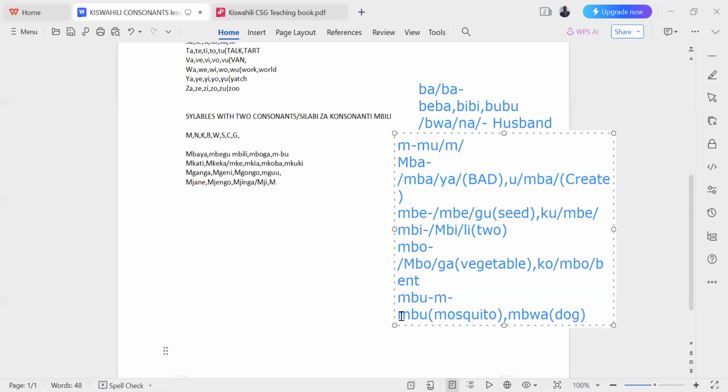Any questions before we move on? I'll be focusing on the consonant M today, and maybe if we have time, we can also go to N a bit, and then we'll see other consonants, because it's very important to focus on these syllables. So here are mbu, mboga, kombo, mbili, mbegu, kumbe, umba, mbaya.